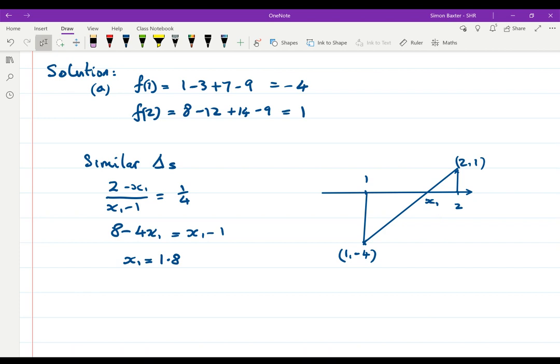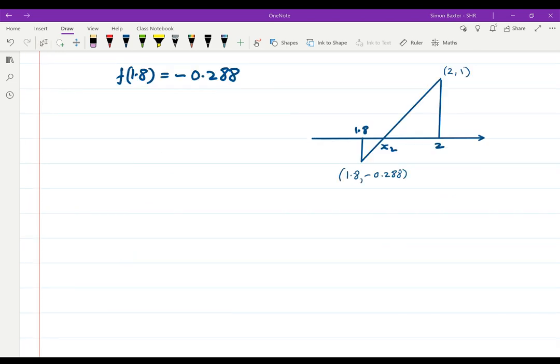Let's now look at what happens if we look at f(1.8), f(x1). f(1.8), if we press the buttons on the calculator, is minus 0.288. We now draw another picture, and we have still got the point (2, 1) above the axis that we had before, and now when x is 1.8, y is minus 0.288, and so we have another point here below the axis.